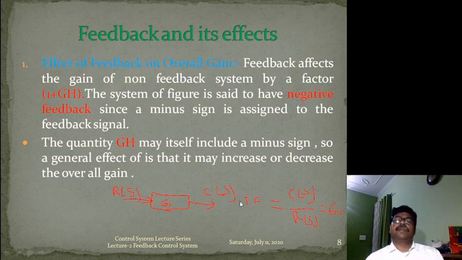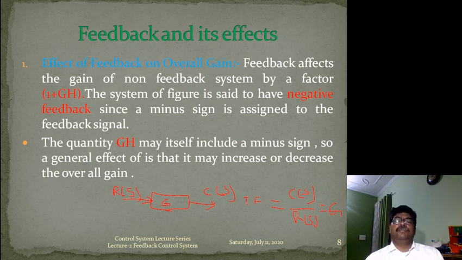So the transfer function of this open loop system is equal to G, that is the gain of the overall system. While if we consider a feedback system with negative feedback, the transfer function is G upon 1 plus GH, meaning it is affected by a factor 1 plus GH.